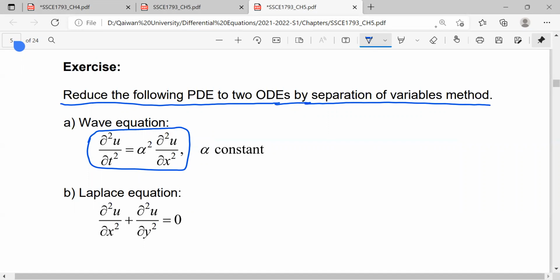Our dependent variable is u, and the independent variables are x and t.